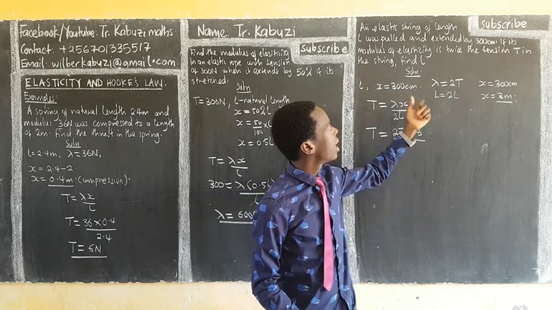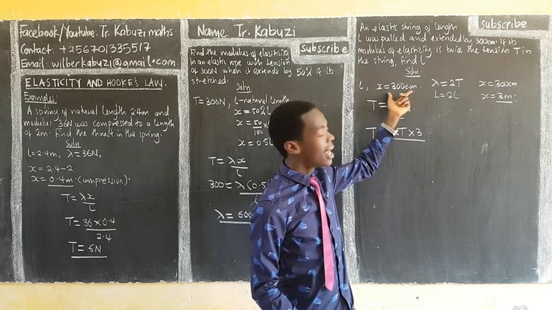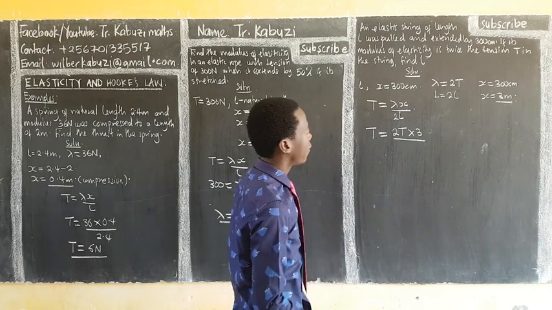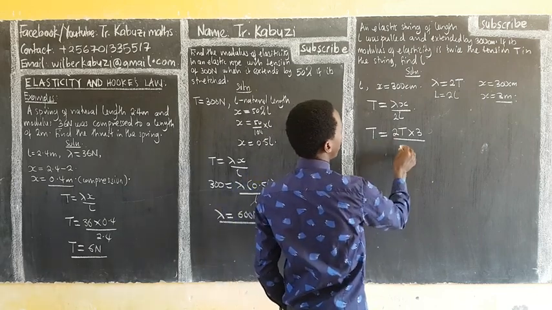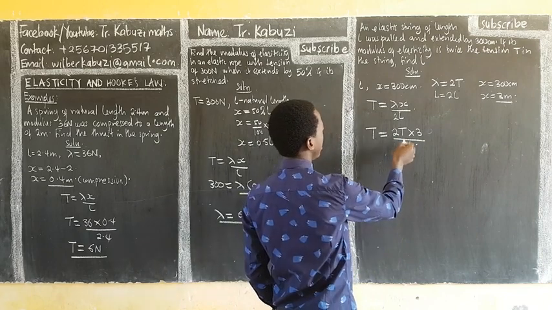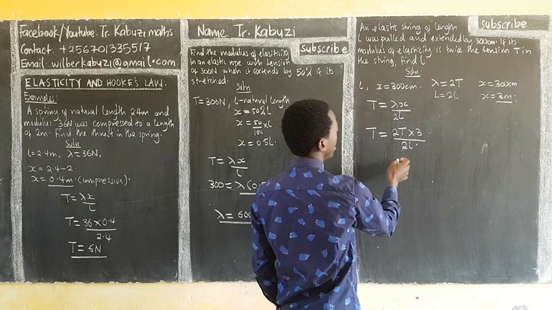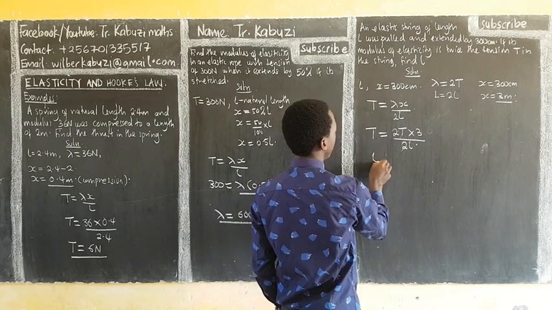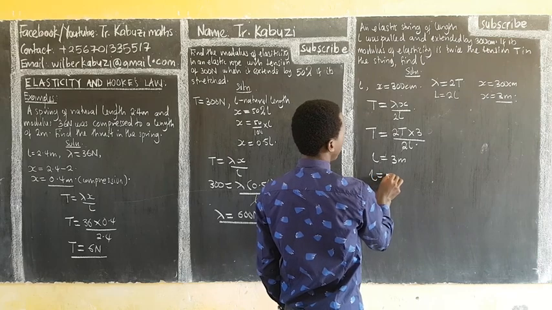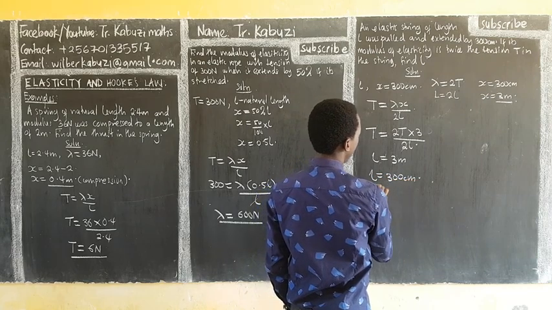In simple terms, the extension 300 is just equal to 2L. Or if that's hard, you use the formula with 2L, then you can see this cancels this, and our L is going to be equal to 3 meters.